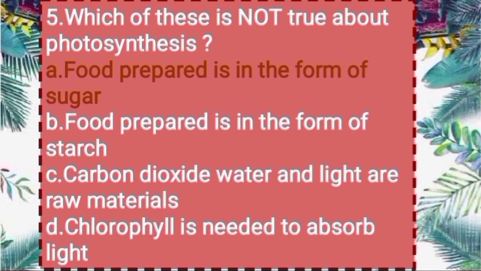Answer is food prepared is in the form of sugar, because food prepared is in the form of starch in its different parts, and carbon dioxide, water and light are raw materials which are needed to make their food, and chlorophyll is also needed to absorb light. So answer is option A.